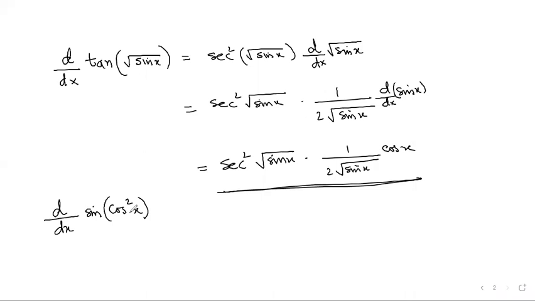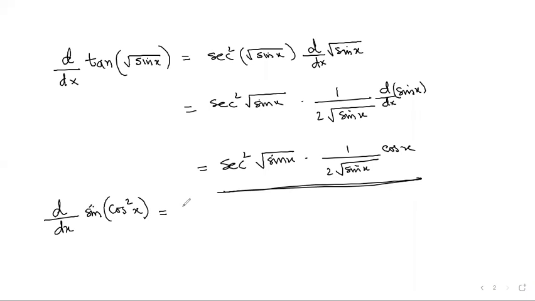My last question for the day. First, you tell me what is the trigonometry part and which is the angle part. Before you start, you have to identify that. Sine is the trigonometric part. And the angle is cos square x.